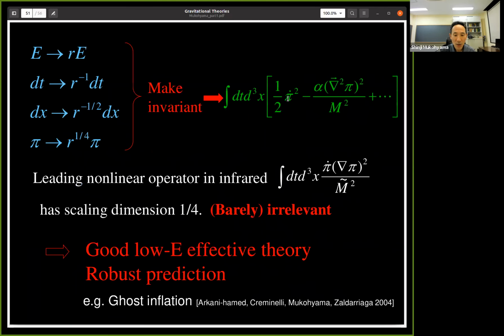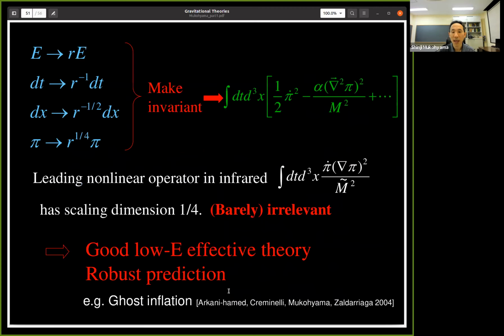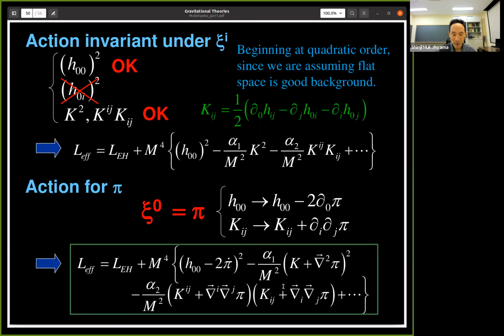Also from here and here, if we set the metric perturbation to be 0, we get a second derivative of pi squared, and here also second derivative of pi squared. They are in principle different, but by doing integration by parts, both of them are of this form.